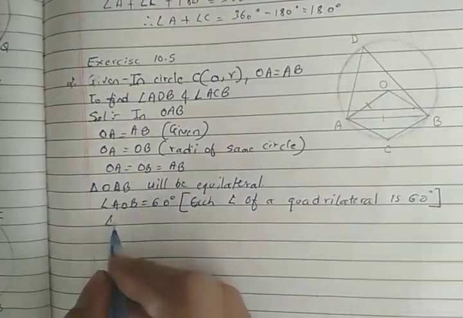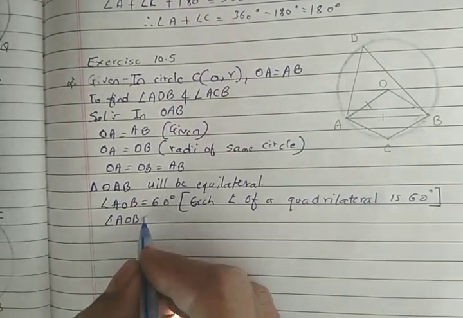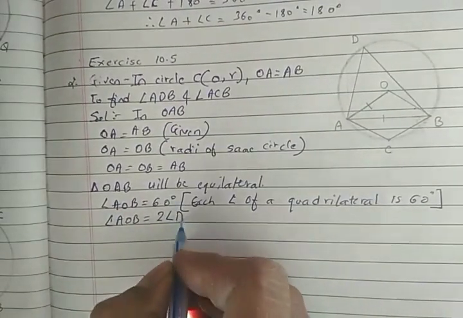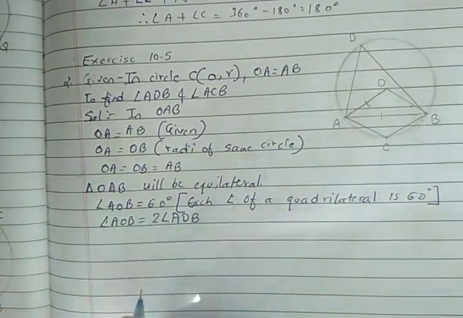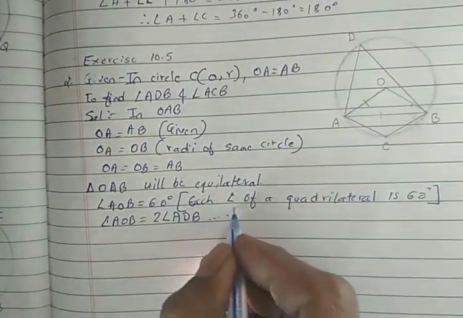Now therefore angle AOB is equal to twice angle ADB. Why can we say that?